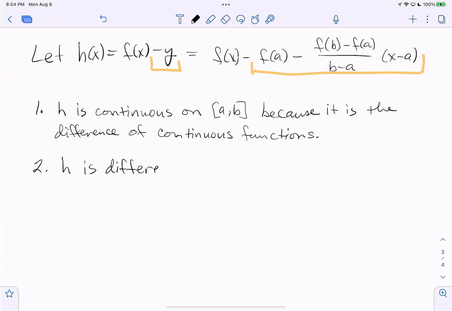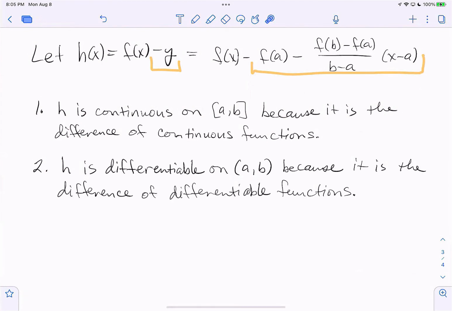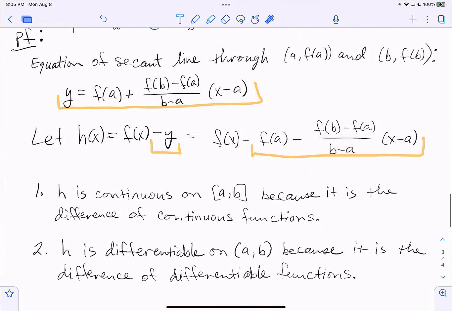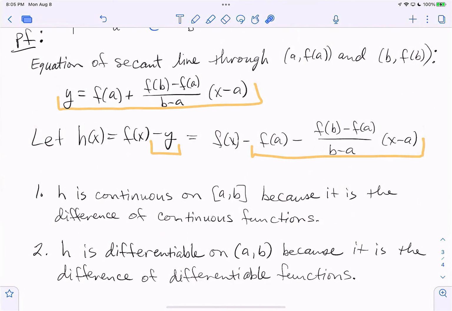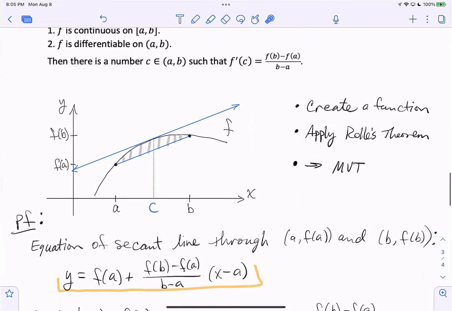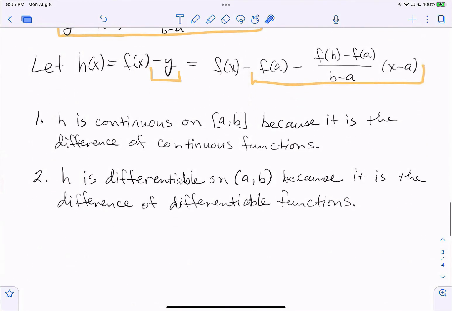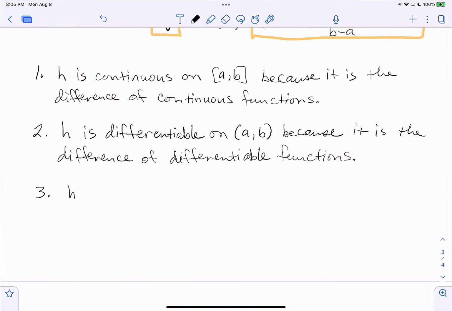It is. It's differentiable on the open interval from a to b because it's the difference, again, of differentiable functions. y is linear, f is differentiable by assumption. And then the third hypothesis of Rolle's theorem, we need h(a) to equal h(b).